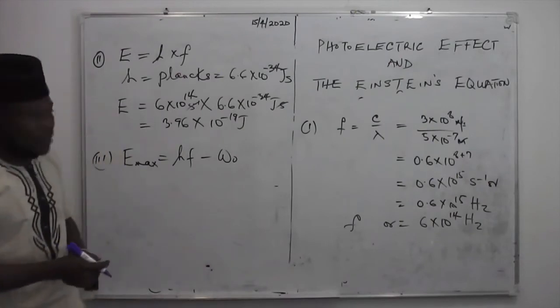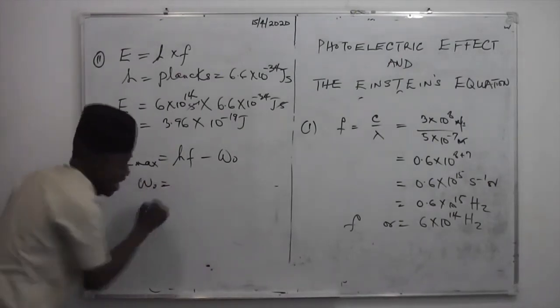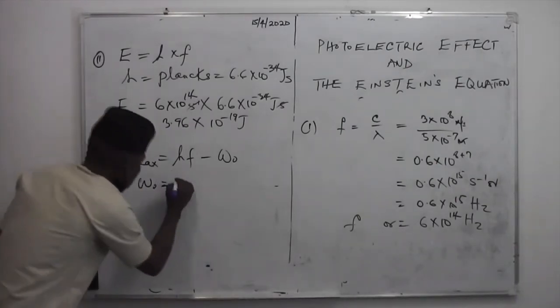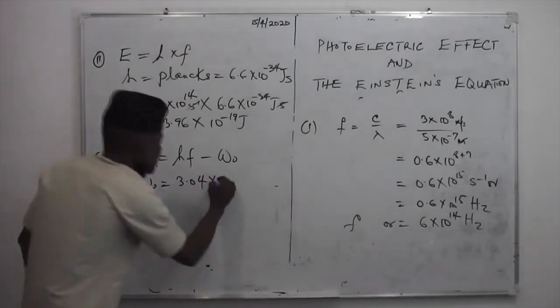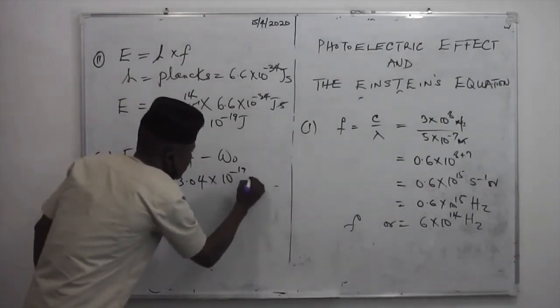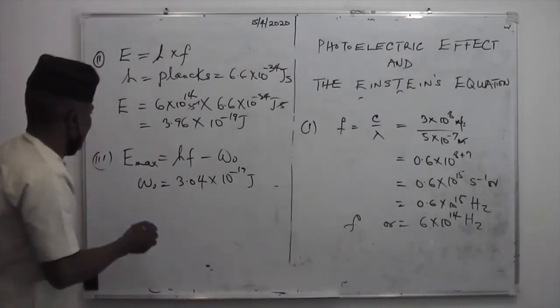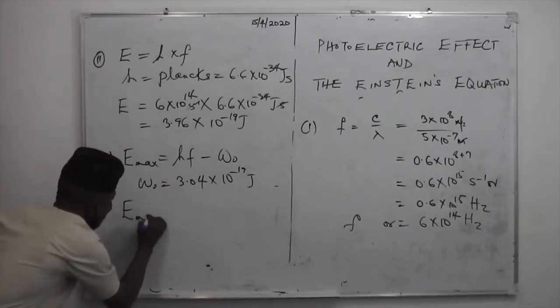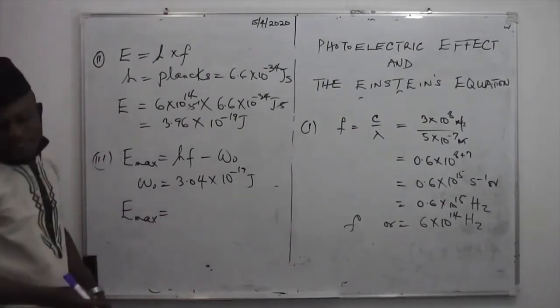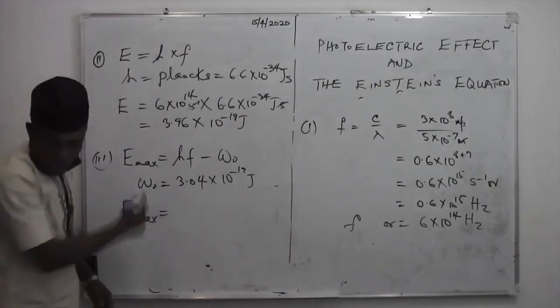From the question, the work function has been given as 3.04 times 10 raised to minus 19 joules. That being so, we can easily calculate the maximum kinetic energy with which the electrons are accelerated from the cathode to the anode by simply substituting the values.